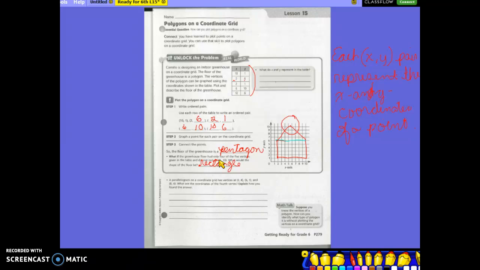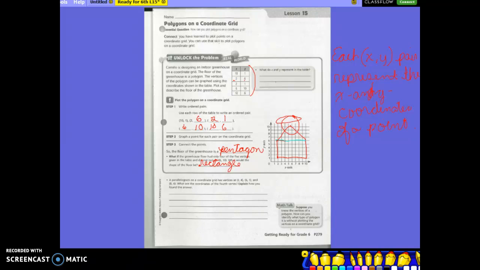A parallelogram on a coordinate grid has the vertices of 3, 4, 6, 1, and 8, 4. What are the coordinates of the 4th vertex? Explain how you know. Okay, I am going to erase our little pentagon we did. Do our numbers go far enough? We can make it work.